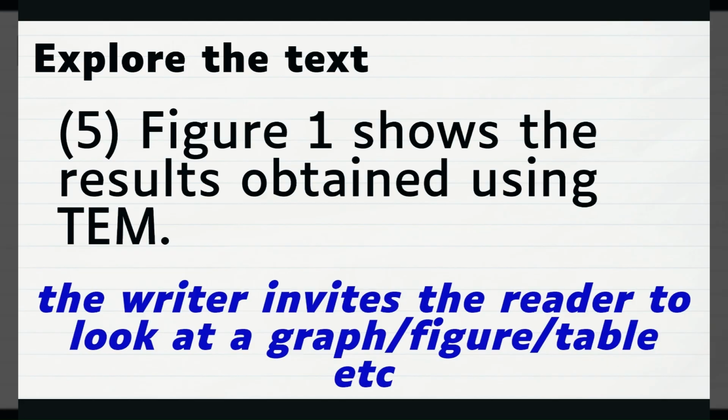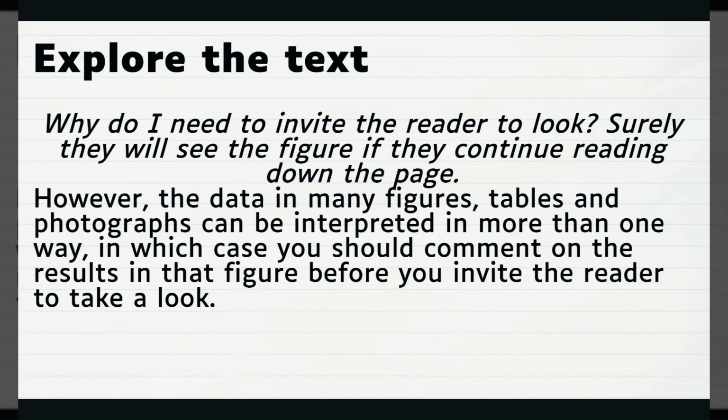So, it's very important for you to provide labels for your table, so number them correctly. Otherwise, your particular reader might be confused. If you're wondering why there is a need to still invite the reader to look, remember that the data in many figures, tables, and photographs can be interpreted in more than one way.